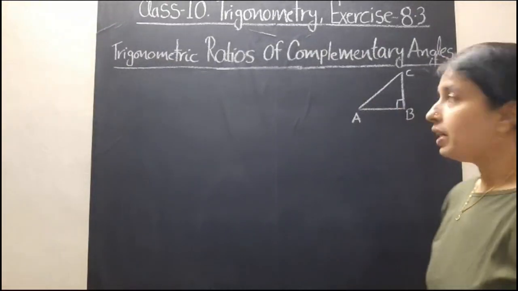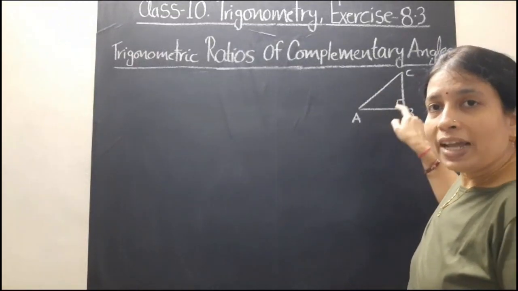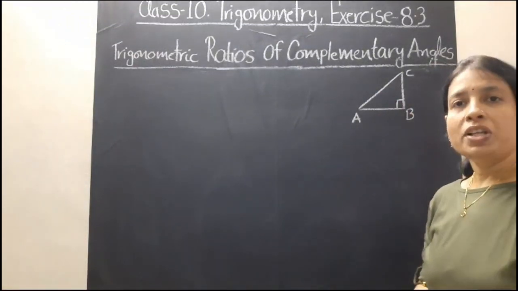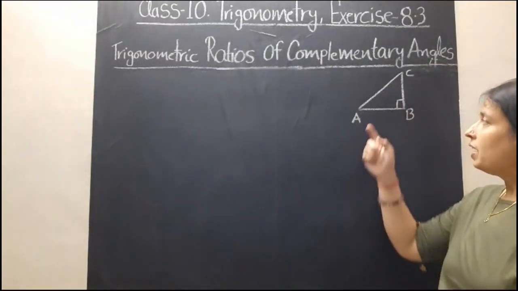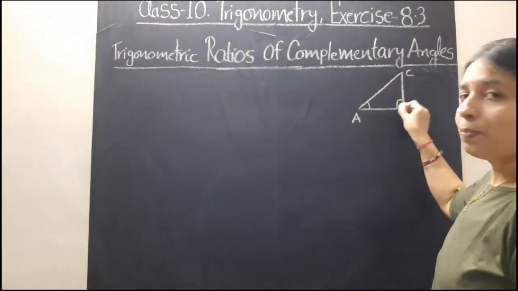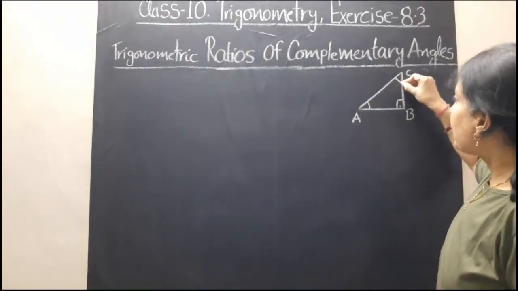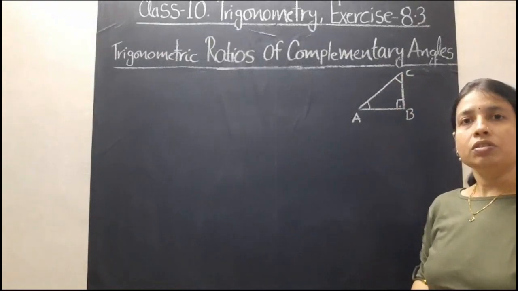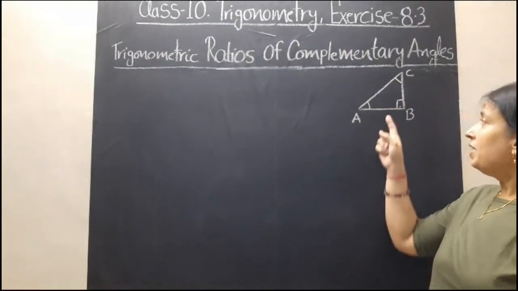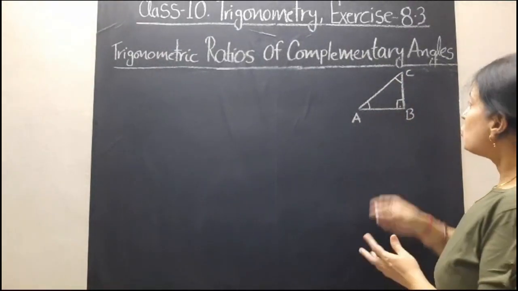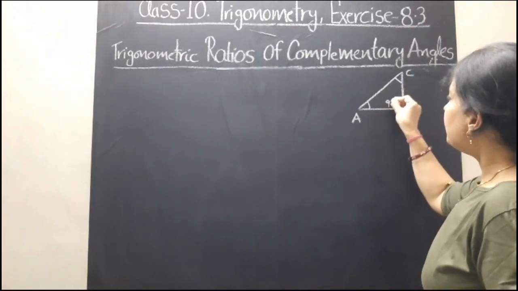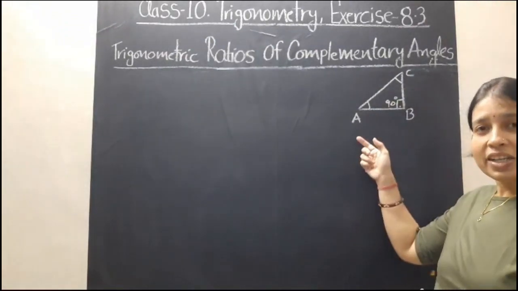And we also know that the sum of all the angles in a triangle is always 180 degrees. That means angle A plus angle B plus angle C is equal to 180 degrees. And it is a right angle triangle, so angle B is equal to 90 degrees. So it's very simple.